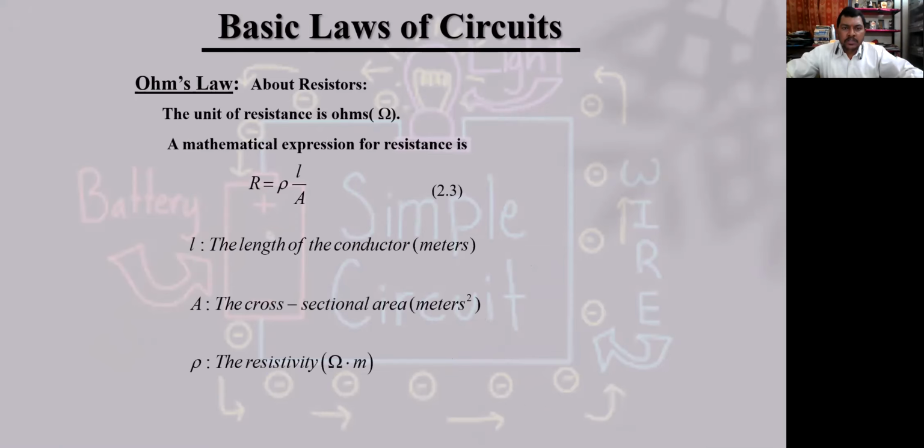About resistance, this is how we calculate the resistance of a material. We have the formula R = ρL/A, where R is the resistance, ρ is the resistivity per meter of that material, L is the length of the conductor, and A is the cross-sectional area in meters.